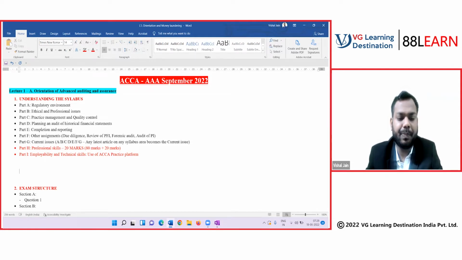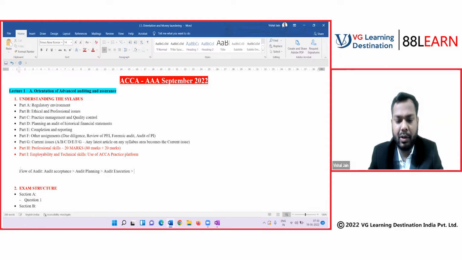Now I'll write here the flow of audit. The flow of audit goes this way. It is first the audit acceptance. Then after acceptance, we do audit planning. Then after audit planning, we do audit execution.